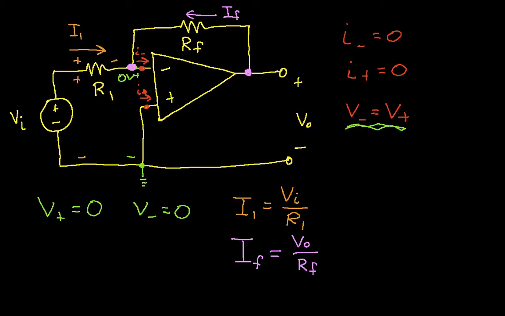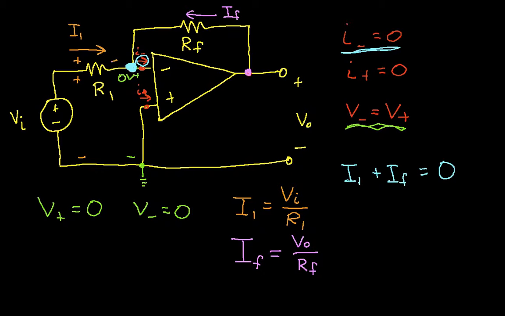The way we can do that is apply Kirchhoff's current law at this node. We have I1 coming in, so Kirchhoff's current law at the inverting node says I1. We also have IF coming in, and we have I minus, this guy here, leaving, but we've said that I minus is equal to 0, so there's no current there. So basically I1 plus IF is equal to 0.